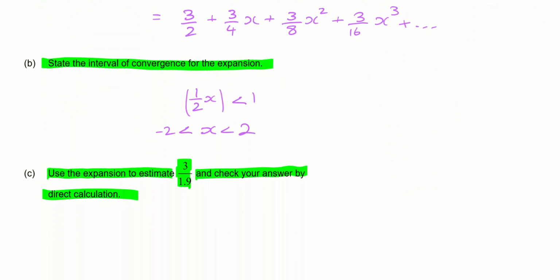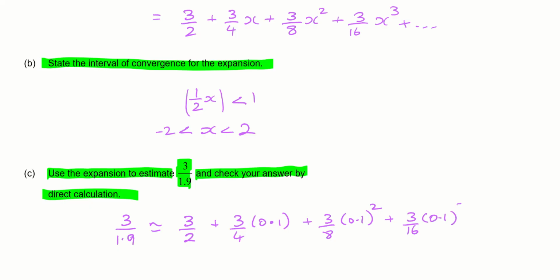So 3 over 1.9 is going to be approximately, using the expansion, 3 over 2 plus 3/4 times 0.1 plus 3/8 times 0.1 squared plus 3 over 16 times 0.1 cubed, and that would carry on there.